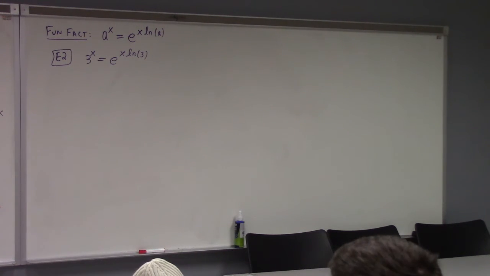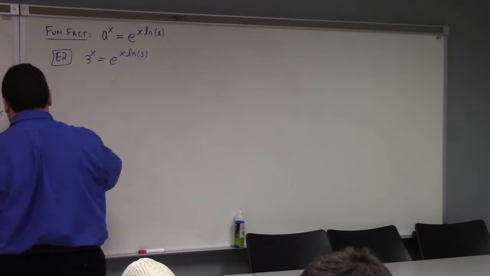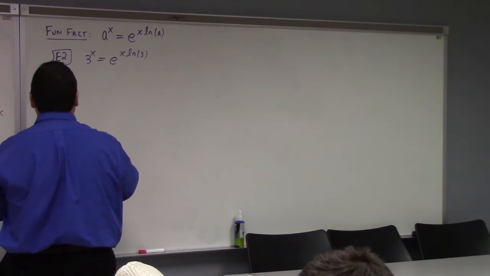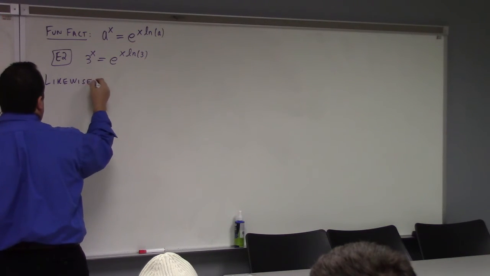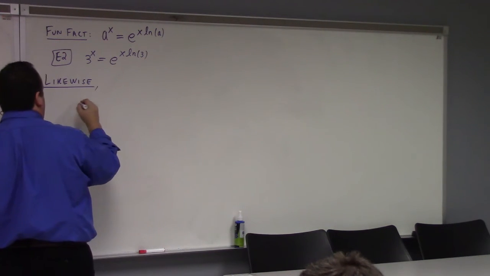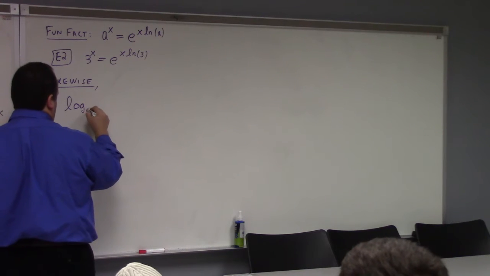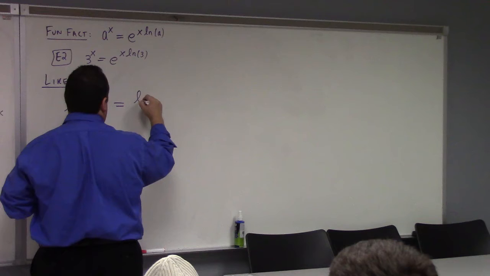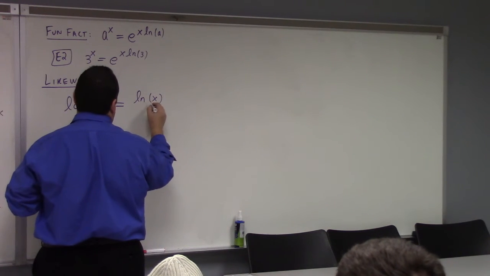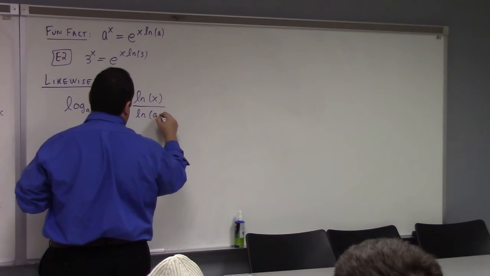Because the other thing is, there's also a change of base formula for logarithms, and this is actually more useful in some sense. If we have log base a of x, we can rewrite that as the natural log of x divided by the natural log of a.